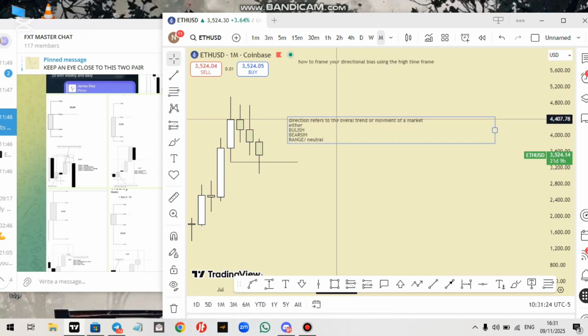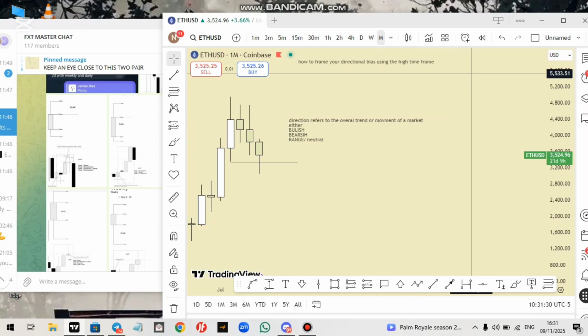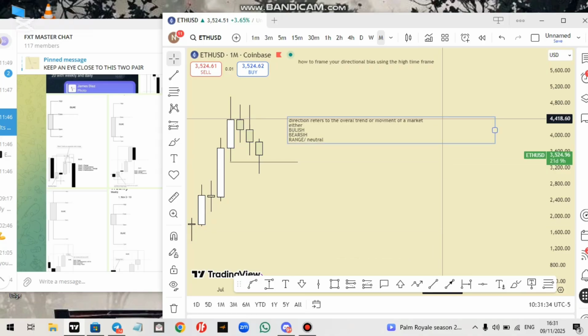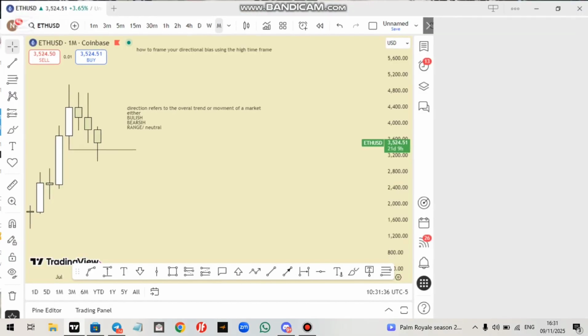Direction refers to the overall trend or movement of the market, either bullish, bearish, or range, right? Either bullish, bearish, or range.